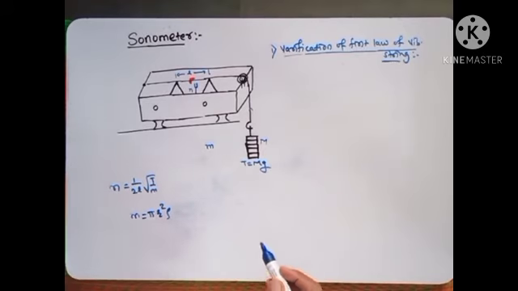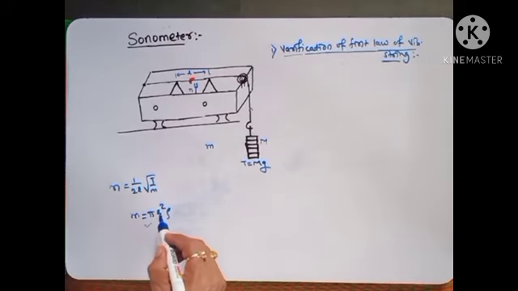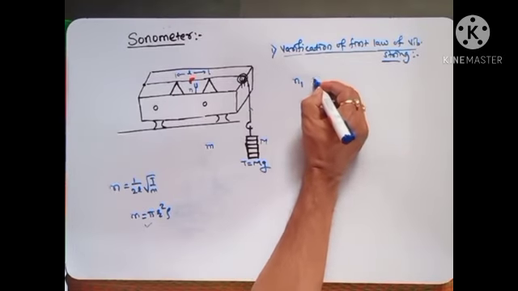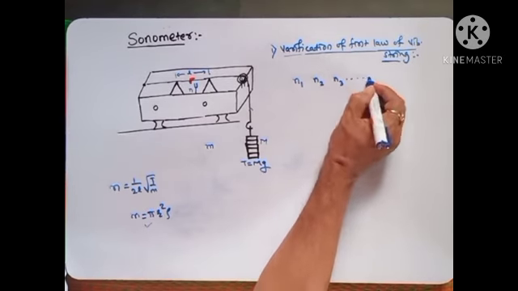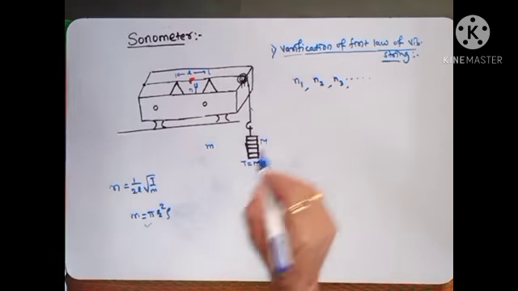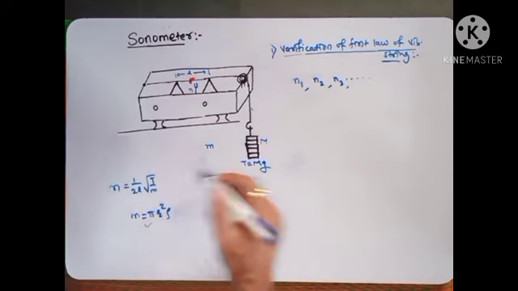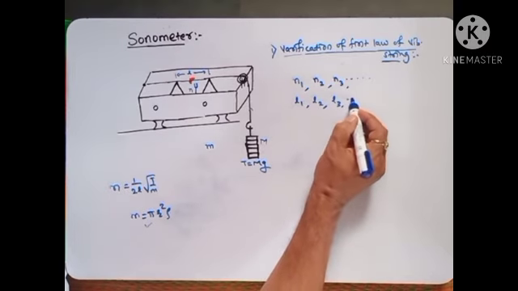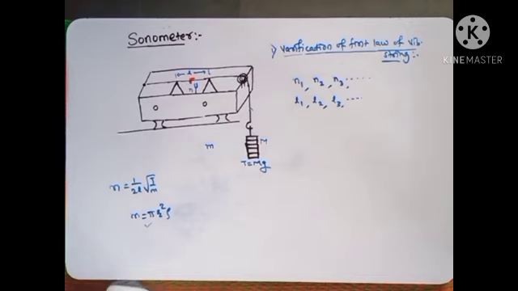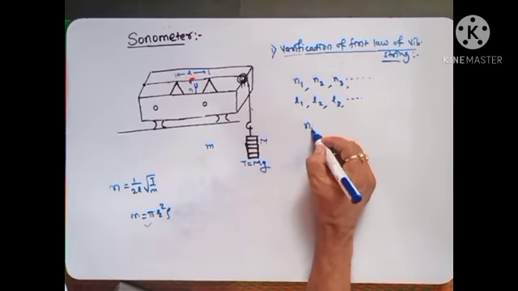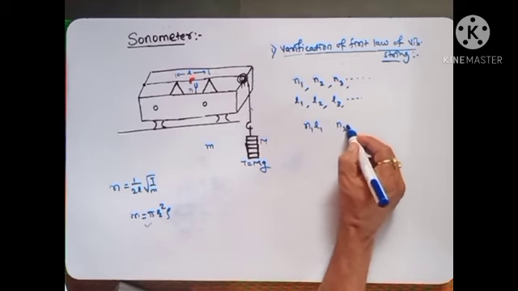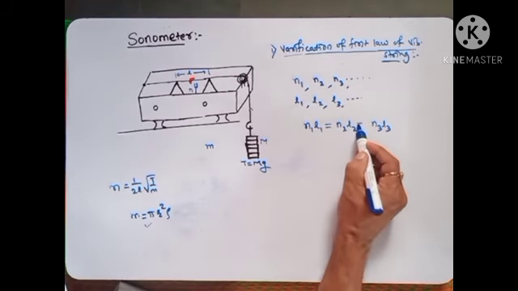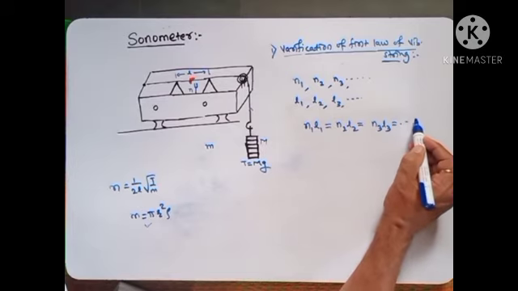Here you see, suppose m can be measured, tension also known. Now we use a number of tuning forks, N1, N2, N3, number of frequencies like that. And for each tuning fork, by same method, you can calculate L1, L2, L3 like that. Now it is observed that if we take this product N1 L1, N2 L2, N3 L3, then this product comes out to be constant.